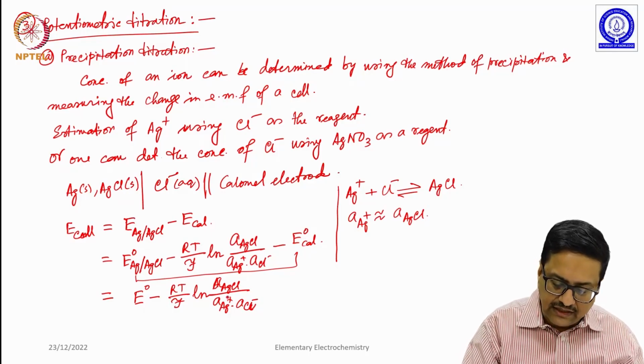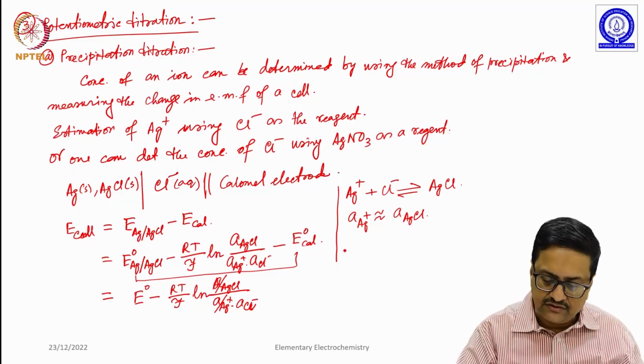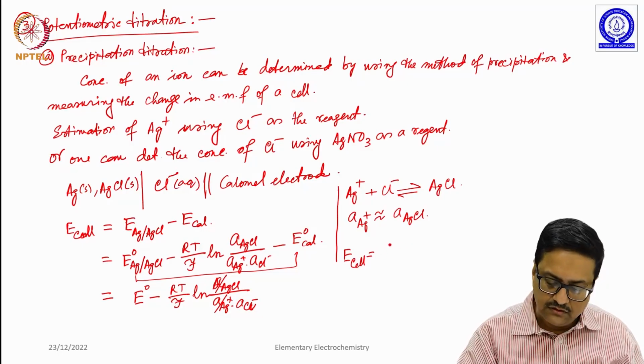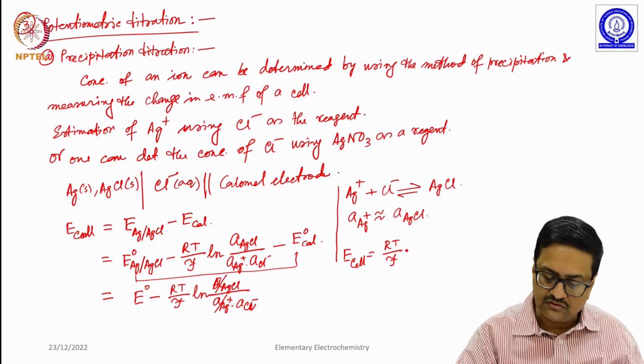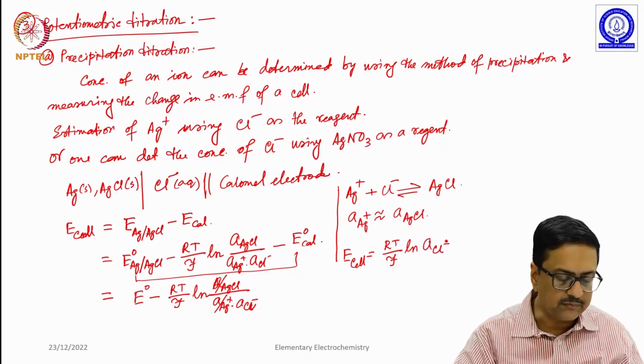So, then one can cancel this activity of Ag plus with AgCl, and one can write the E cell equal to RT by F. AgCl was down, so now you take it up ln activity of Cl minus.